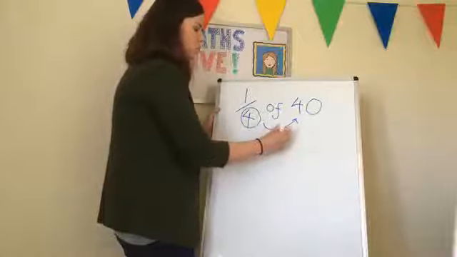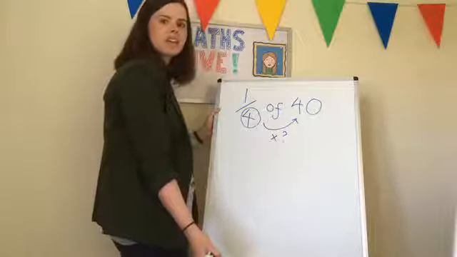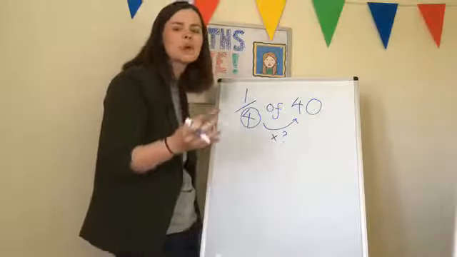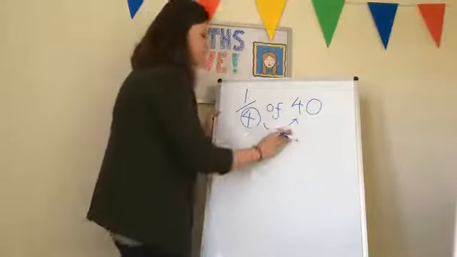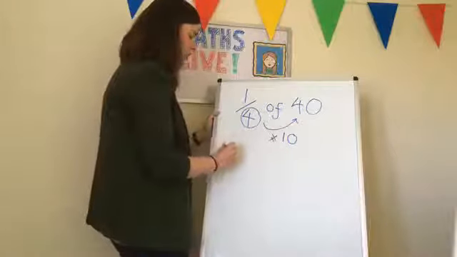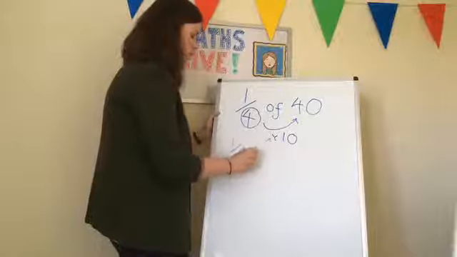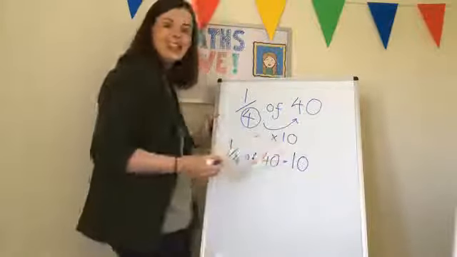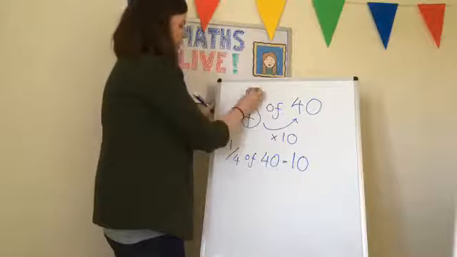What do I times 4 by to make 40? And you all know this because you all know your 4 times table. Shout it out loud. What do you times 4 by to make 40? It is 10. So a quarter of 40 equals 10.